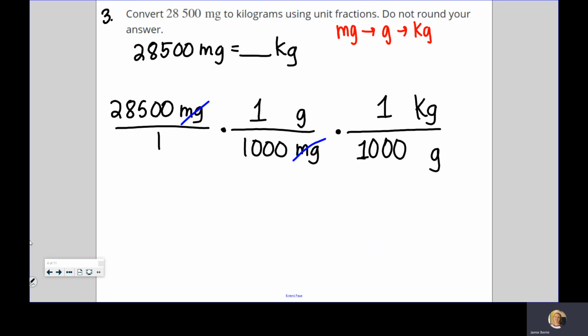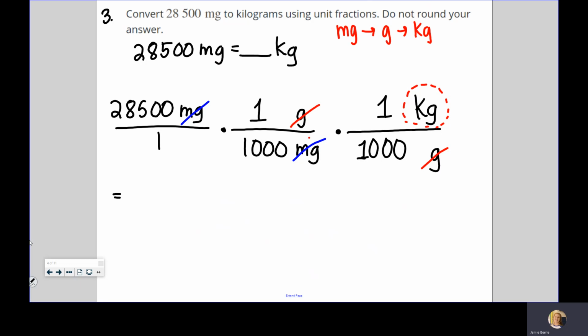So in 1 kilogram, there are 1,000 grams. So cancel out your grams. We're left with kilograms in the top, which is what we wanted. We have no units in the bottom. So now we're done. Just multiply across the top, multiply across the bottom, and then divide.